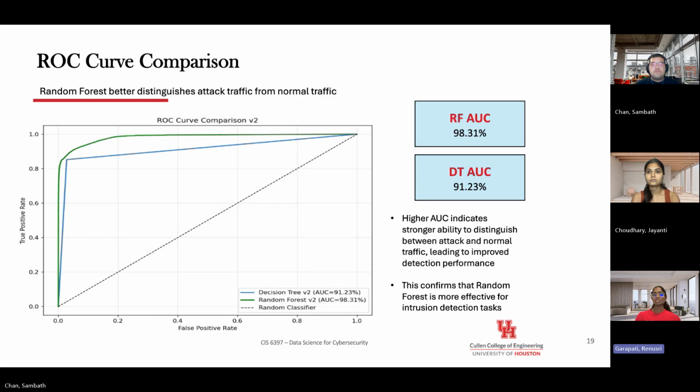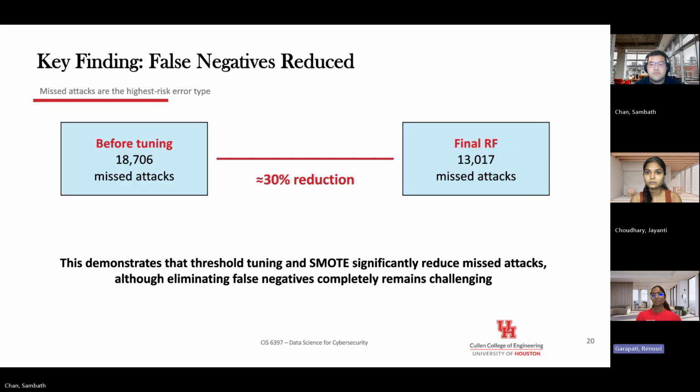Overall, it gives us much stronger separation and more reliable predictions. A higher AUC means fewer uncertain decisions and more dependable detection. But strong separation alone is not enough. What really matters is what we are missing. Now let's go to the next slide.